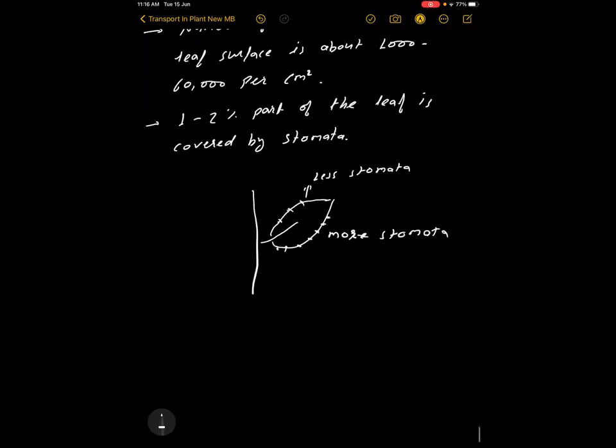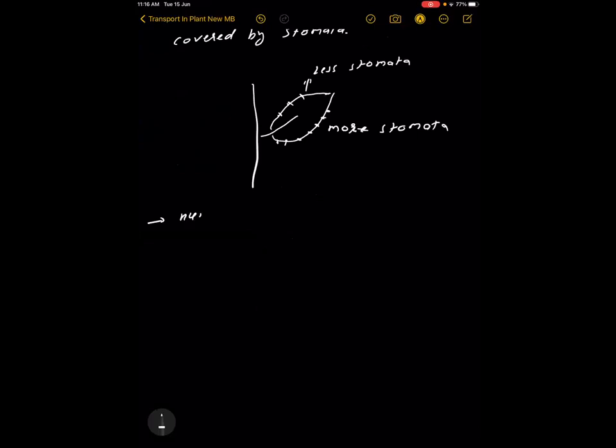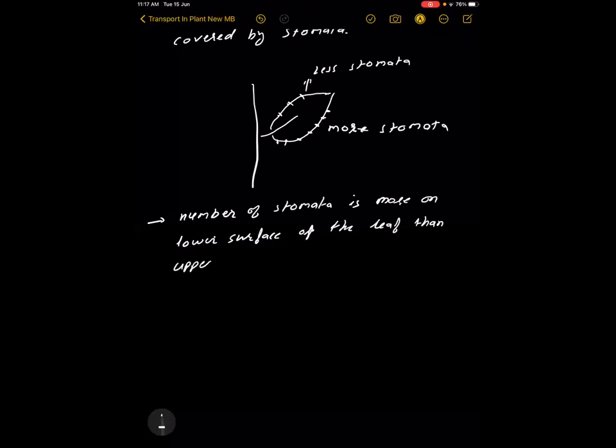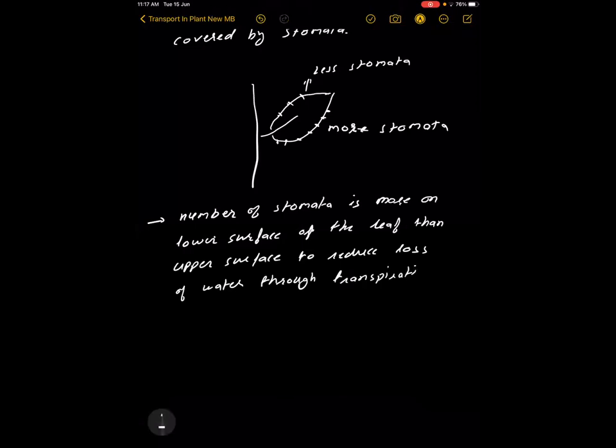So what was the point? The number of stomata is more on the lower surface of the leaf than the upper surface, to reduce loss of water through transpiration.